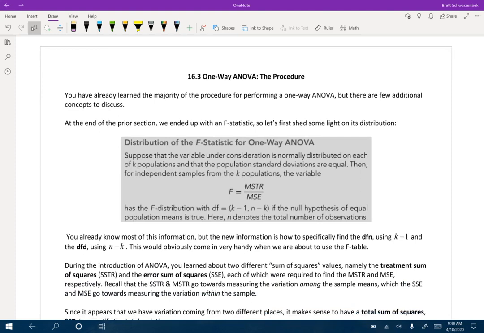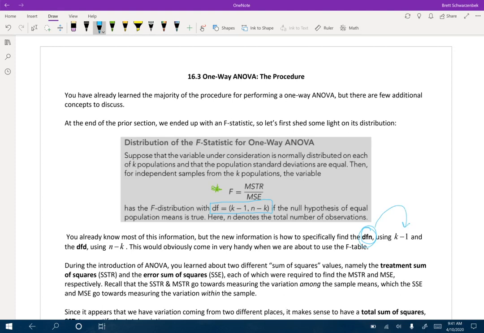So first things first, we already calculated F prior to this, so you know that it's equal to MSTR over MSE. The one thing that you do not know is how to calculate the degrees of freedom. Remember, we use parentheses with a comma since there are 2 degrees of freedom for an F distribution. So first formula, degrees of freedom numerator is always going to be equal to k minus 1.